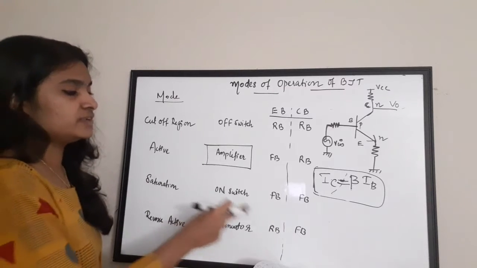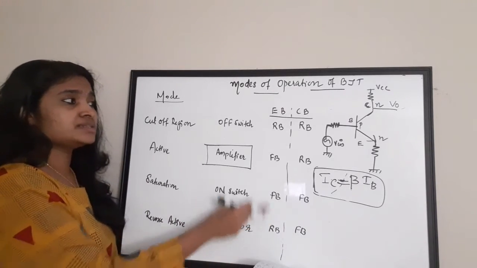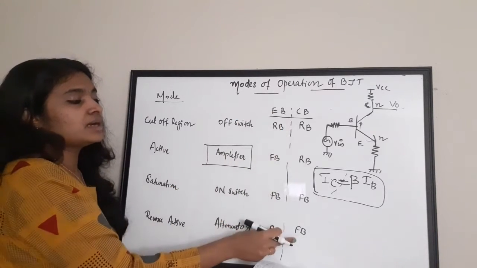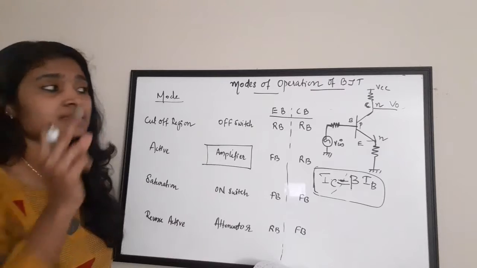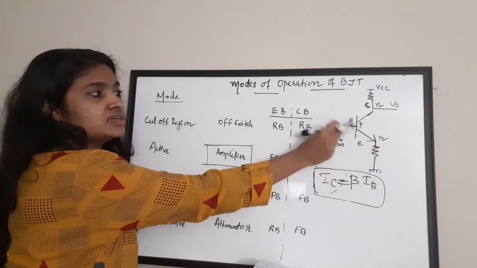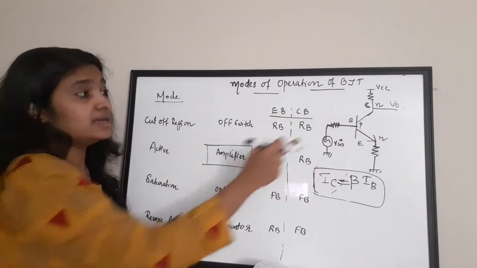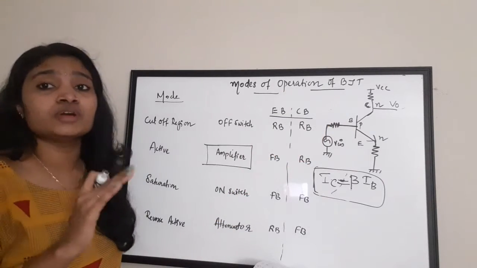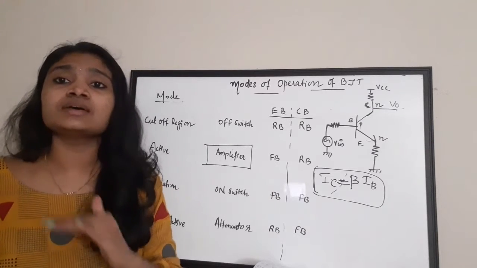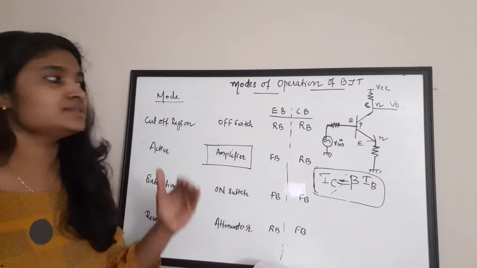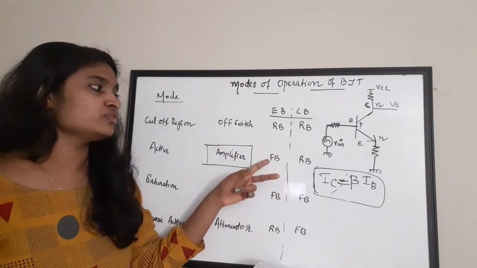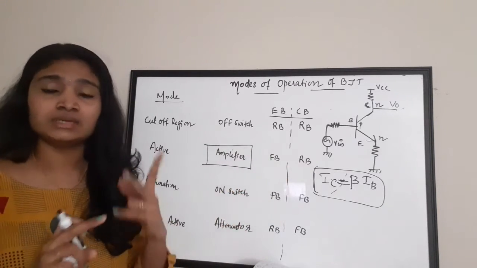So the configuration here is that reverse bias is given for the emitter base junction, and the collector base junction is forward biased. Now, when talking about the modes of operation, reverse active is just the opposite of the mode of biasing of active. We are going to reverse it.